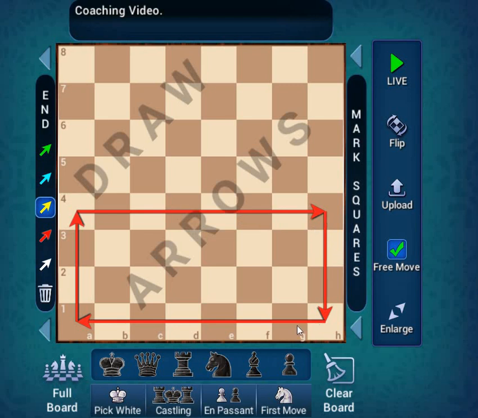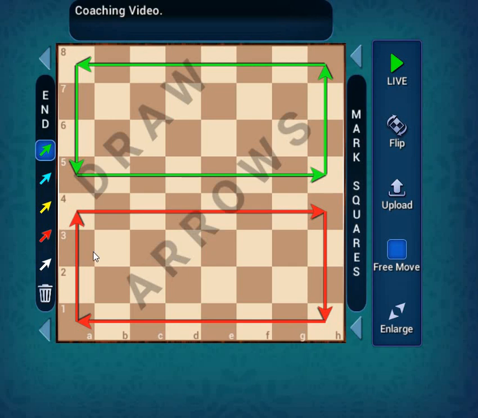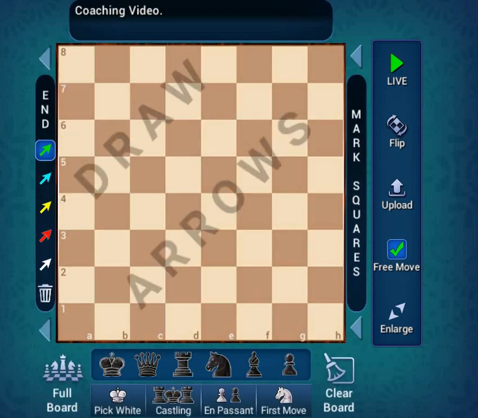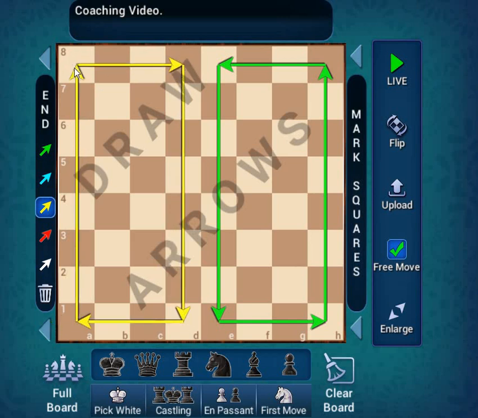This side of the board is known as the white side of the board, and similarly this side is the black side of the board. Same way, from E file to H file is known as the king side of the board, and the remaining files from A to D are known as the queen side of the board. This is very easy.